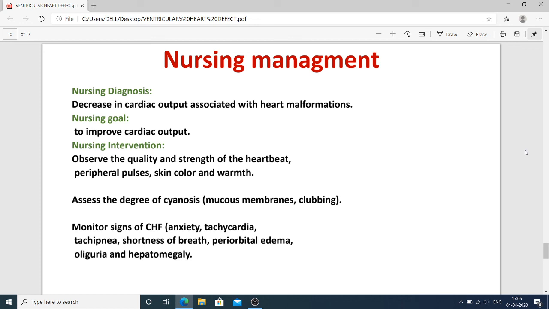Which signs? Anxiety, tachycardia. Tachycardia, the heart rate is faster than normal. Tachypnea, the breathing is more than normal.